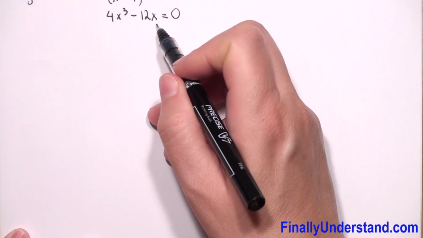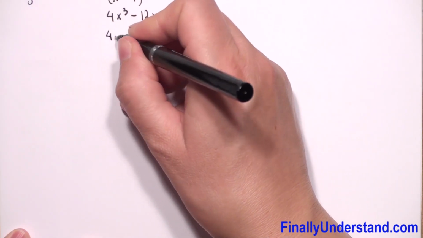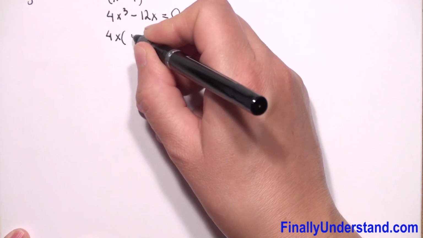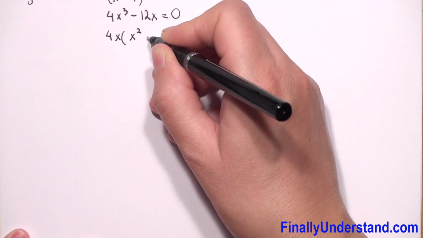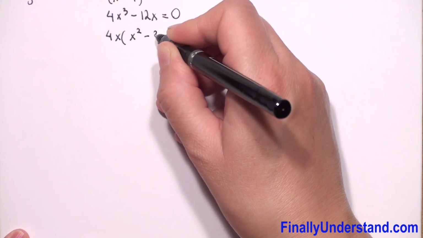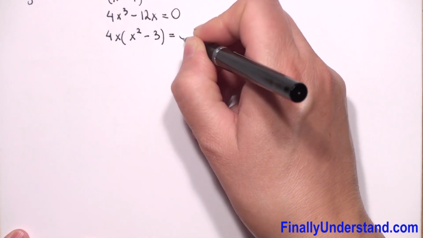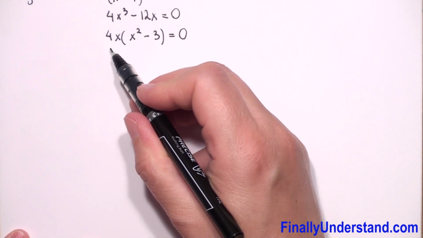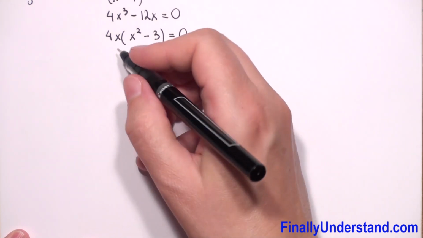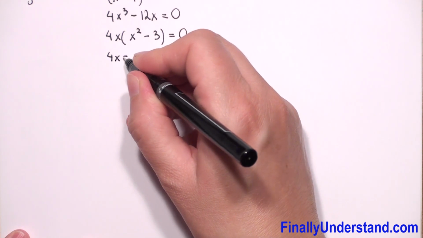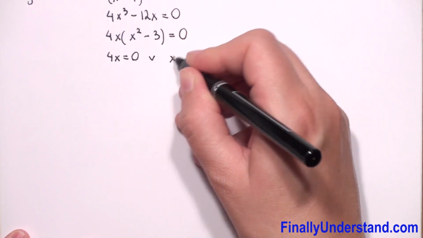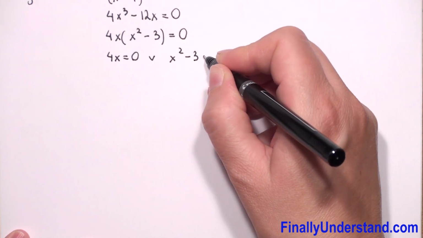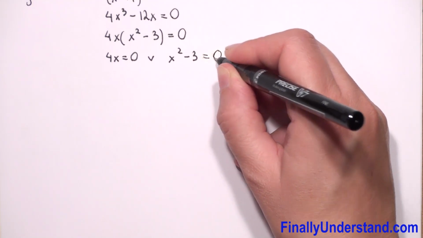We can factorize 4x, so it will be 4x times x squared in parentheses minus 3. This is equal 0. We have multiplication on the left side. So when this left side will be 0? When 4x will be 0 or x squared minus 3 equals 0.